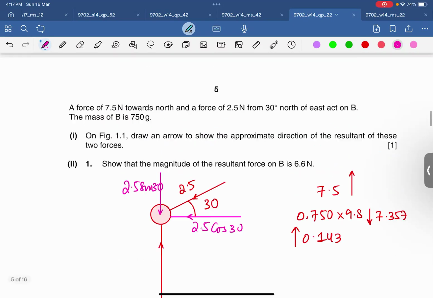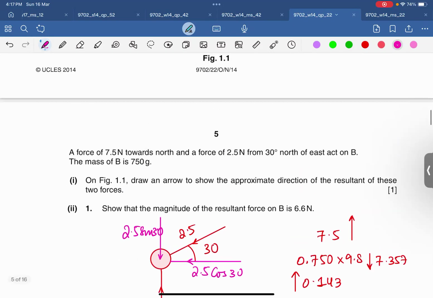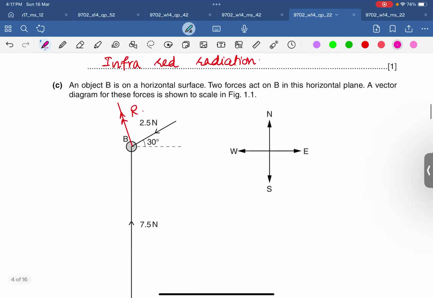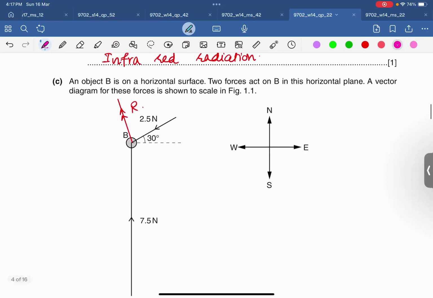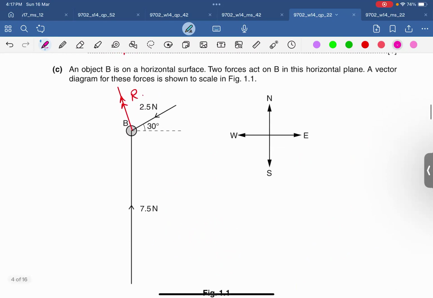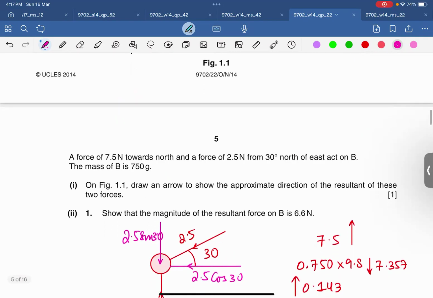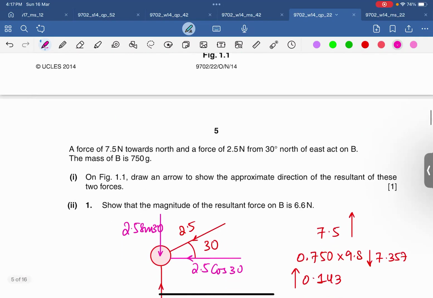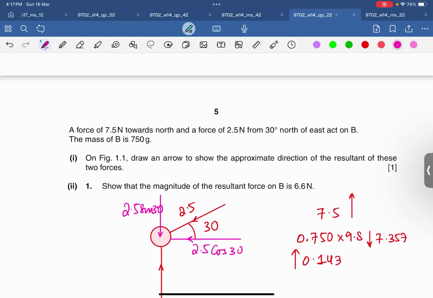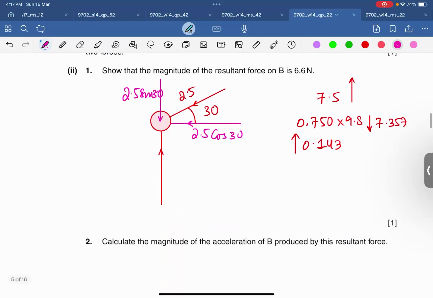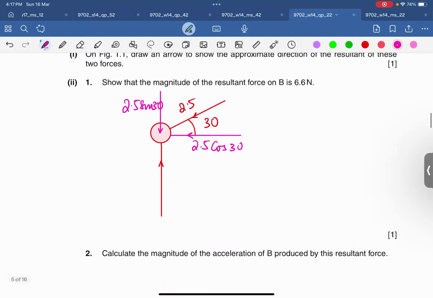So I think we don't have to consider the weight, the mass of B. It is a horizontal surface, right? They have just given a force of this toward the north, so you don't have to consider the mass then. So now you have the horizontal force.